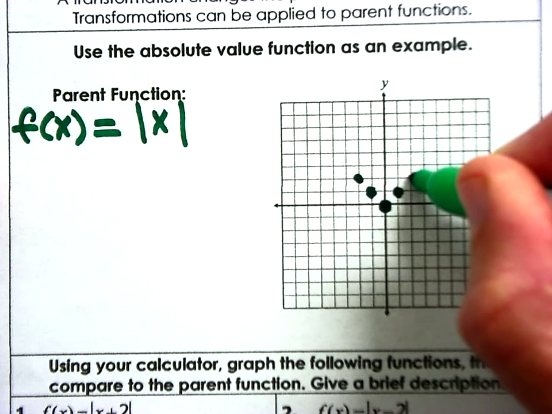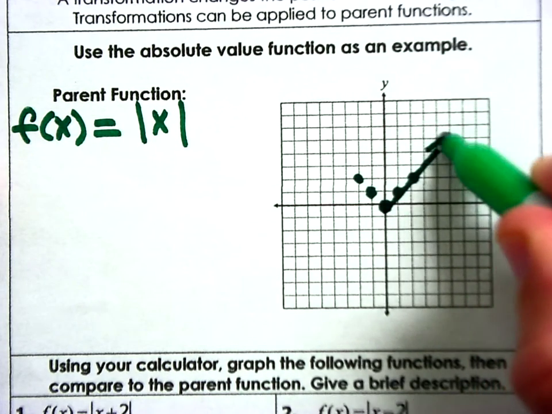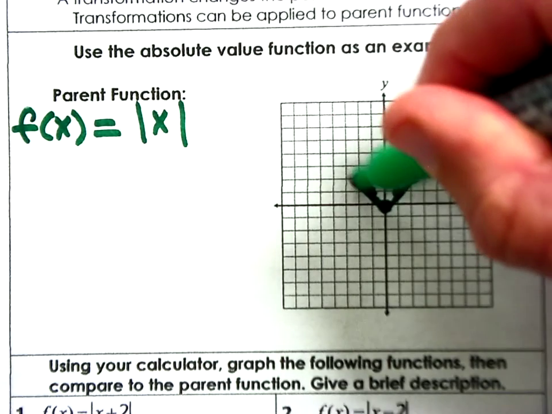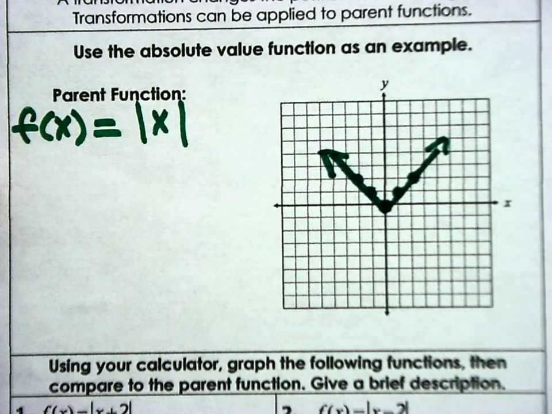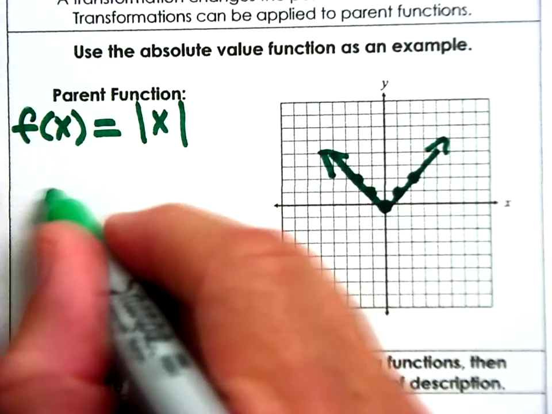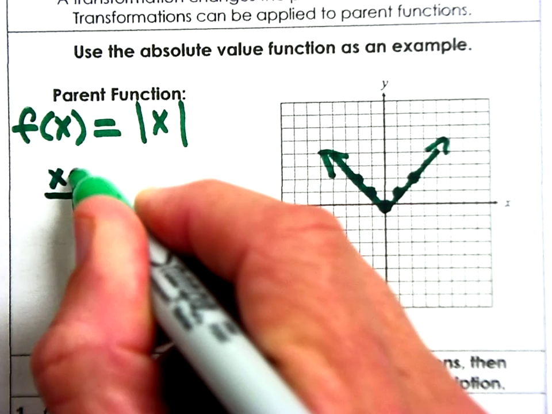The vertex does. So this right here is your parent function. If for whatever reason you forget, and it happens, you can't remember everything in this class because there's so much information.